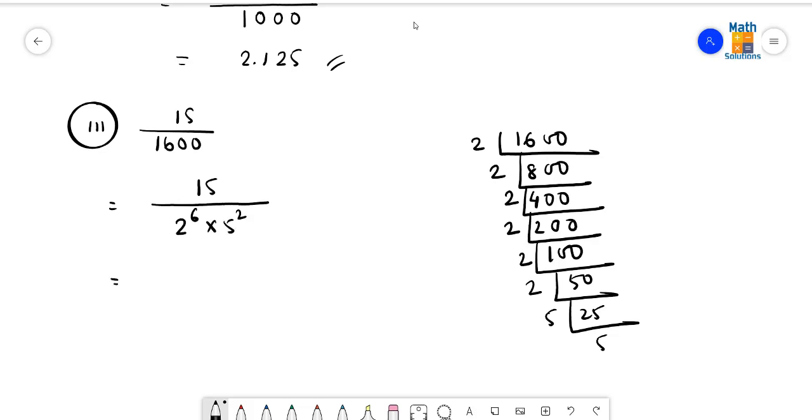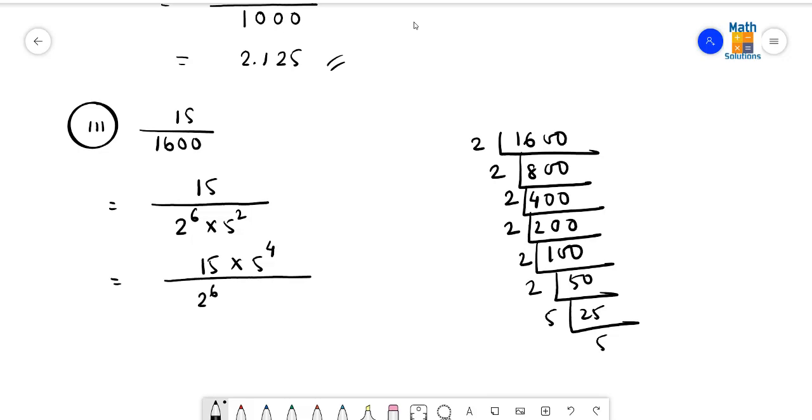Now to convert the denominator into powers of 10, how many 5's do we need here? See, we find here 2 to the power 6 and only 2 fives we have. So extra how many 5's do we need here? 4 fives we need. So both numerator and denominator should be multiplied by 5 to the power 4, so that we can get the denominator in powers of 10.